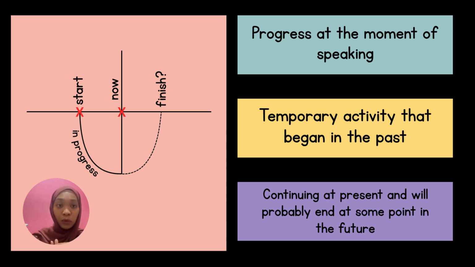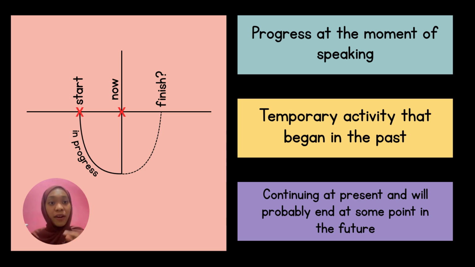Then in the middle we see another red X, which is labeled 'now', an action that is currently happening right now, at the moment. So this shows the present moment, the exact time you are speaking. For example, I am speaking to you right now. So the action of me speaking is currently happening.